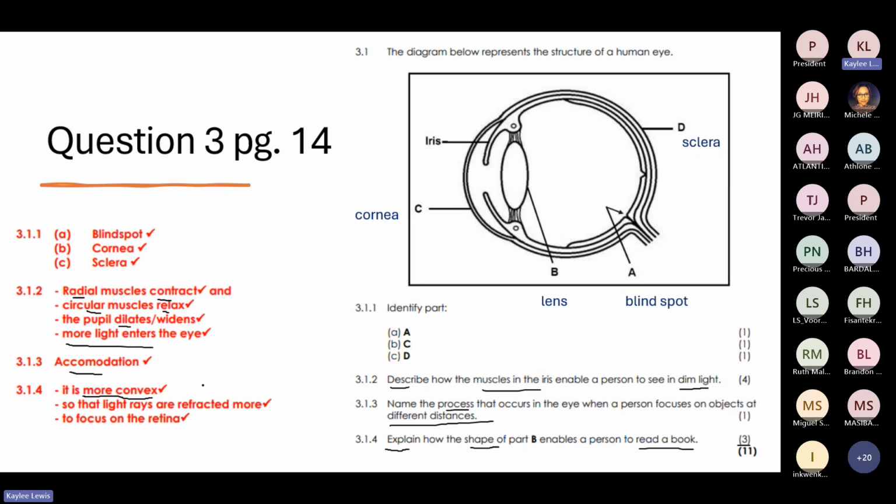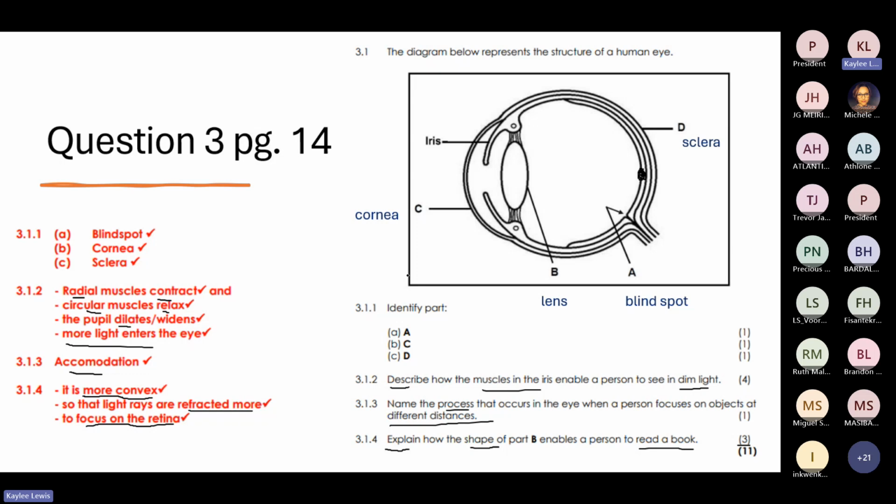But how does that allow me to read a book? Well, because it's more convex, your light rays are refracted more. And if that is refracted more, the light rays will fall on the retina, focus and form a clear image on the retina.